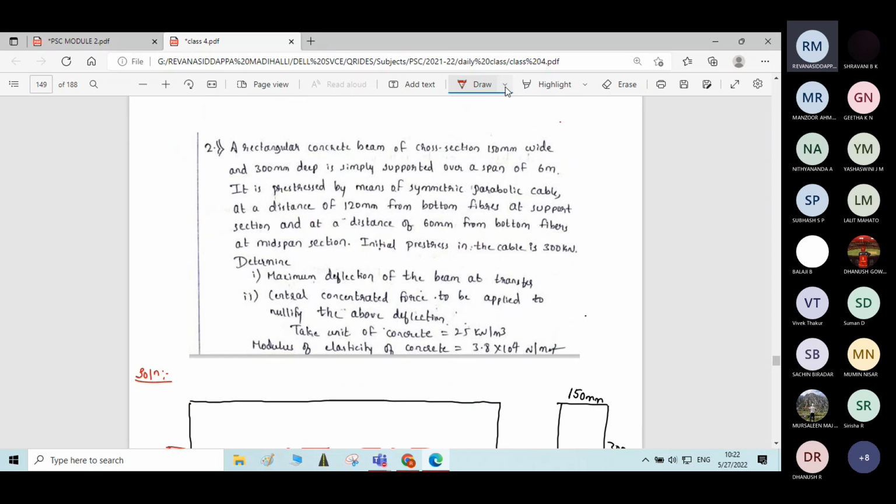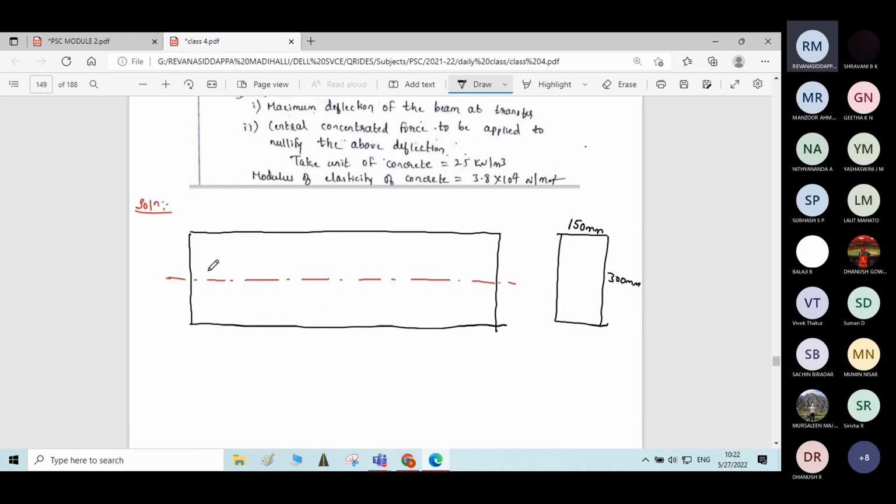Just see how the cable profile is given. It is prestressed by means of a symmetric parabolic cable at a distance of 120 mm from bottom fibers at support section. Total height is how much?